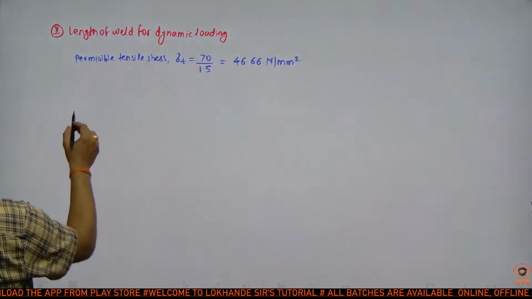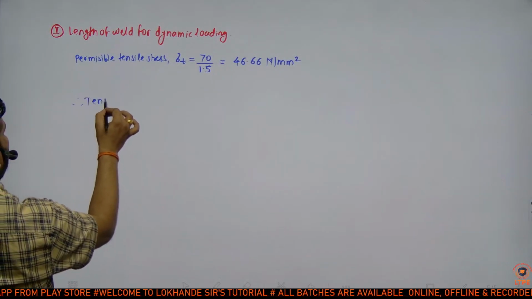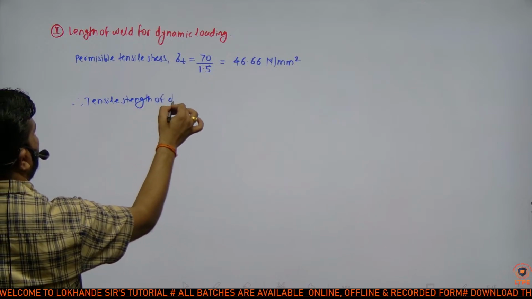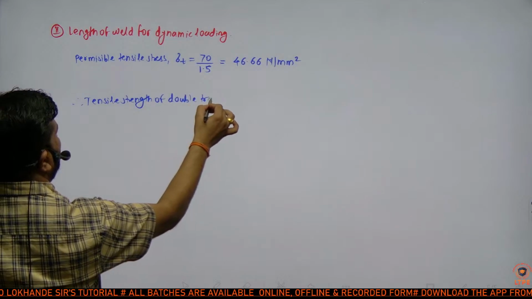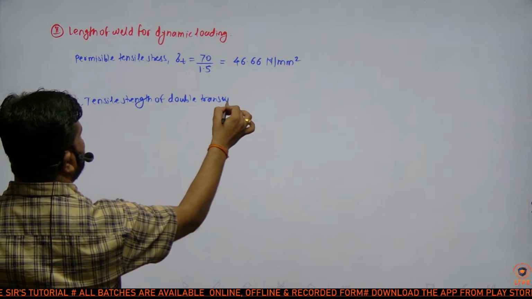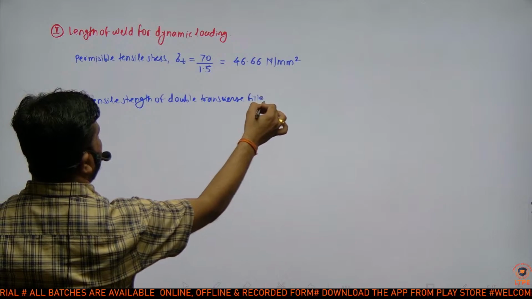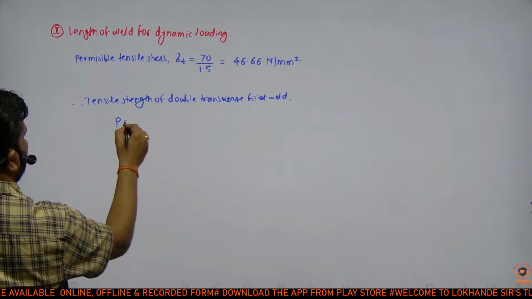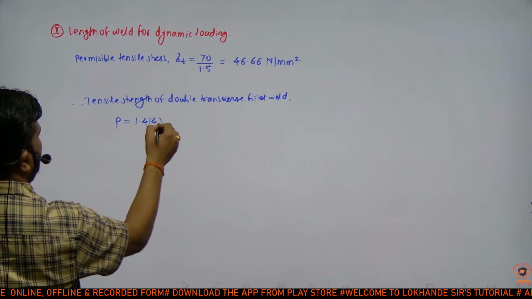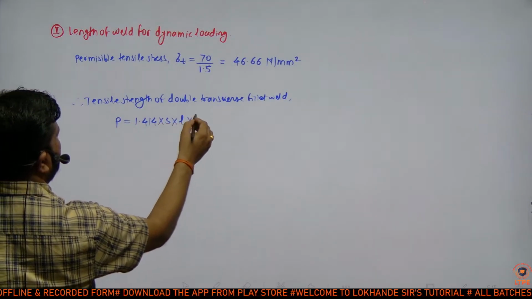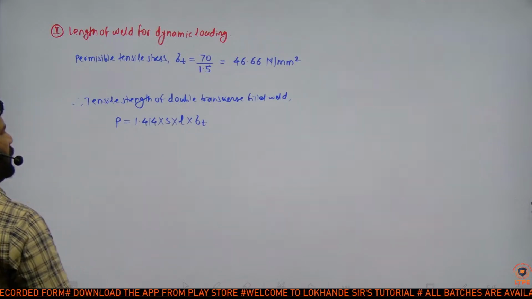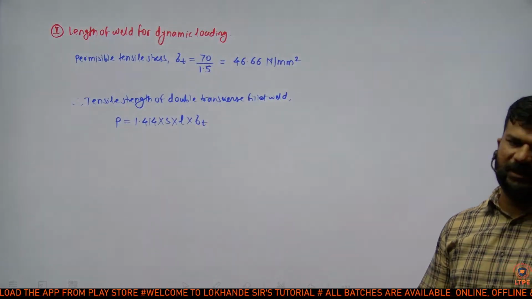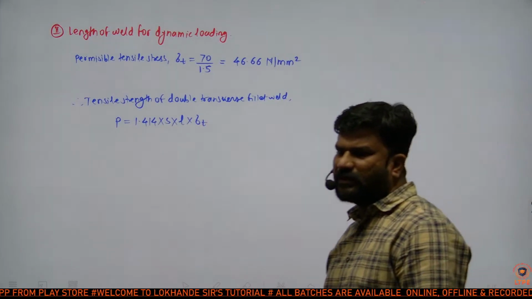Now, the tensile strength of a double transverse fillet weld is 1.414 times S into L into sigma T. We already discussed this formula in the design of lap joint: single transverse, double transverse, parallel fillet weld.